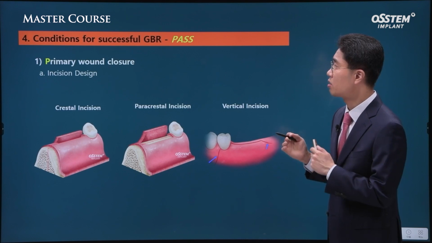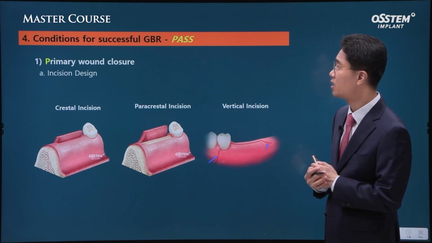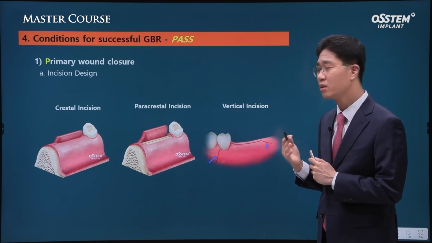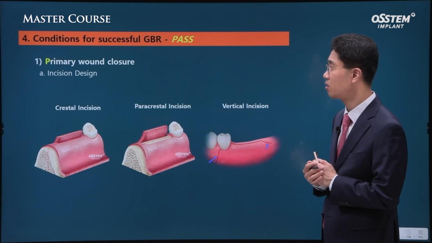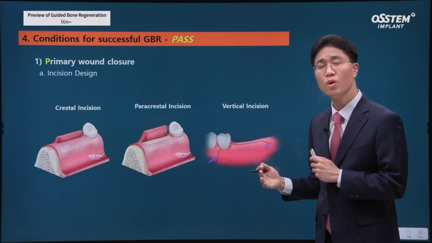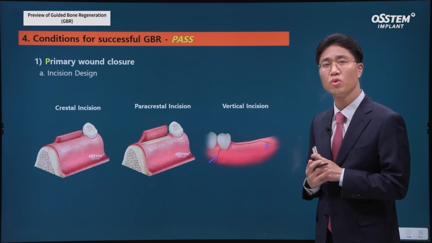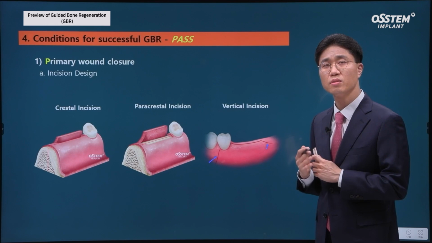Primary wound closure. There are many factors to consider, including incision to get tension-free wound closure. Incision and suture is the start and end of surgery, and it determines the final result of GBR.